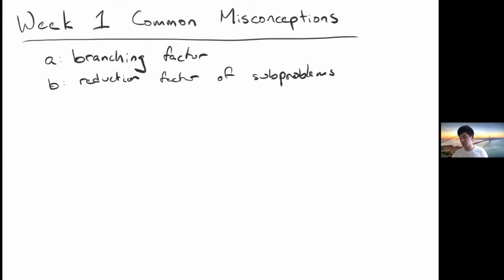And then D is the power of our polynomial of how much work we're doing at each layer, right? So if the size of the subproblem is n, then we do n to the d work.